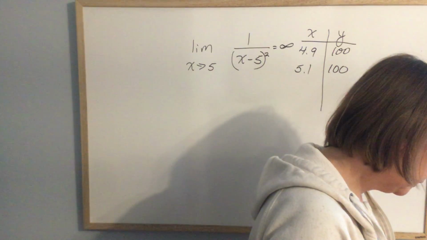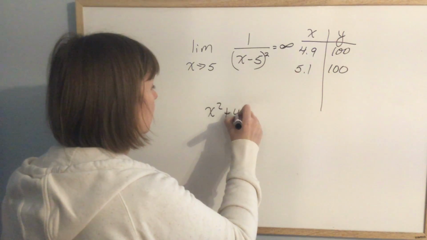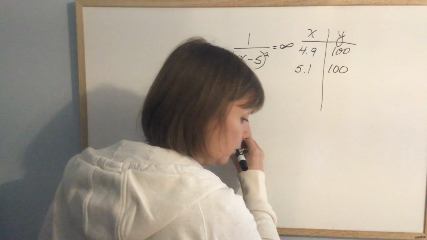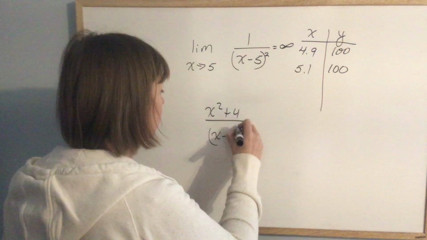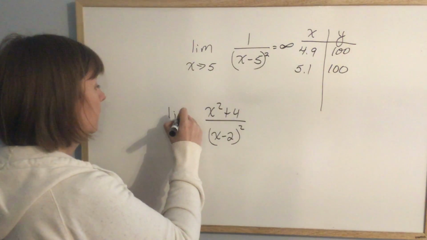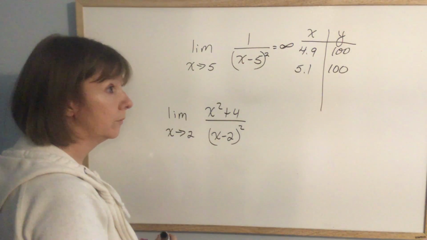3e says (x squared plus 4) over (x minus 2) squared, and it's the limit as x approaches 2.